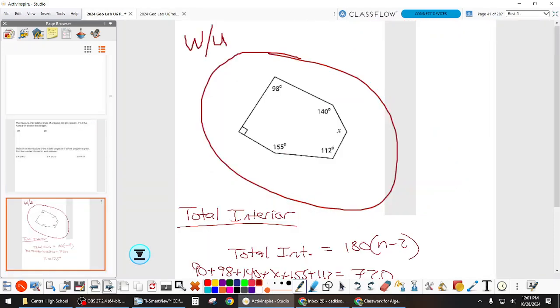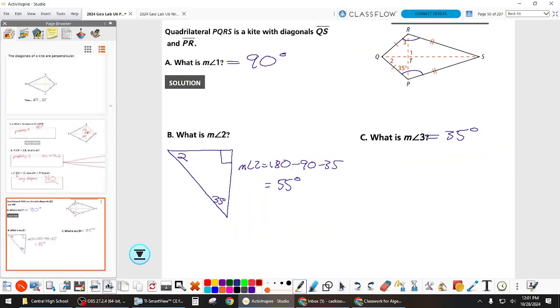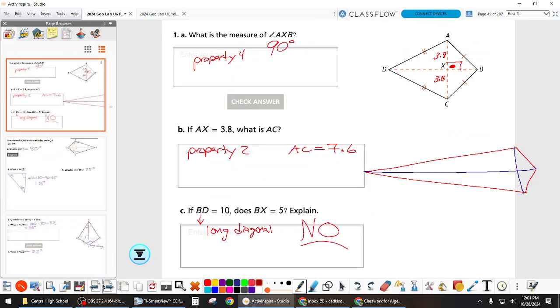Just a quick reminder, I said, hey, if you ever get stuck on properties, draw out a really extreme case, like really stretch it out, and then things start to become obvious. So hopefully it's obvious that this angle and this angle are not congruent.